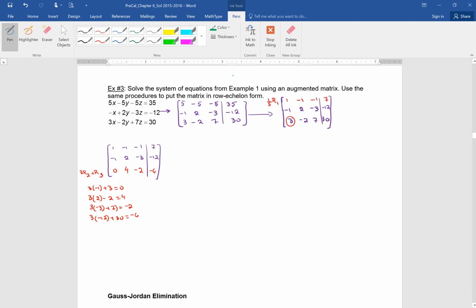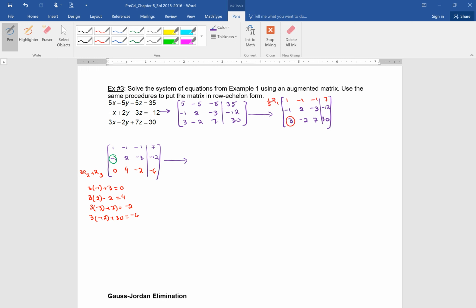The negative 1, right? So this one. Okay, so look here. How do I make that a 0? I can only work with these numbers here, right? Well, what can I combine this with? Which one of these can I combine it with in order for it to be a 0?